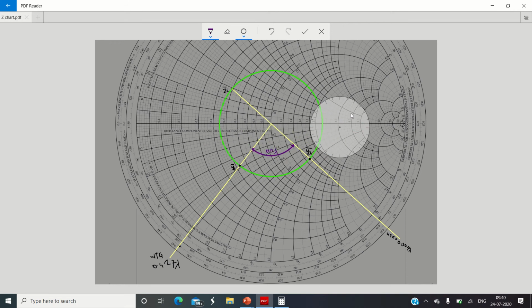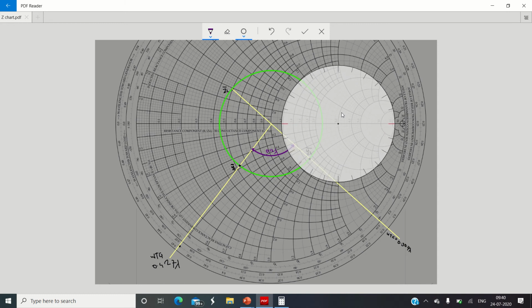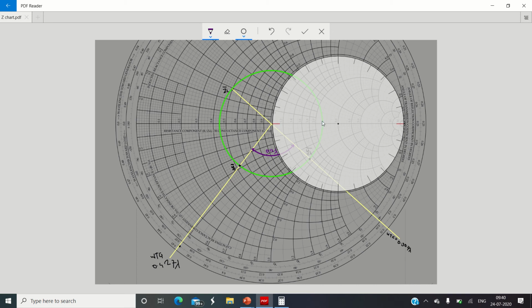Put the center of your compass on the real axis somewhere here, at the midpoint, and increase the distance in your compass such that it touches the conductance circle of value 1 at the center of the Smith chart. Put the metallic part of your compass on the right hand side of the real axis and adjust it until you get a center position.